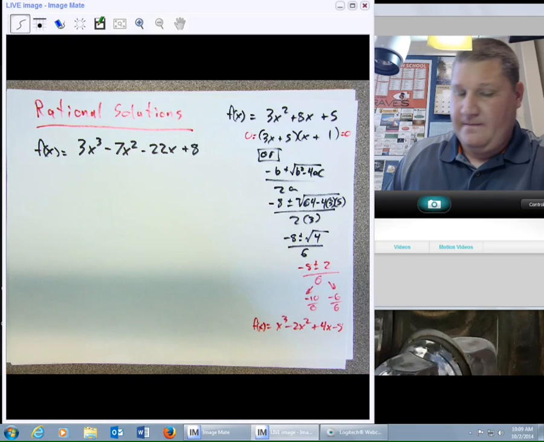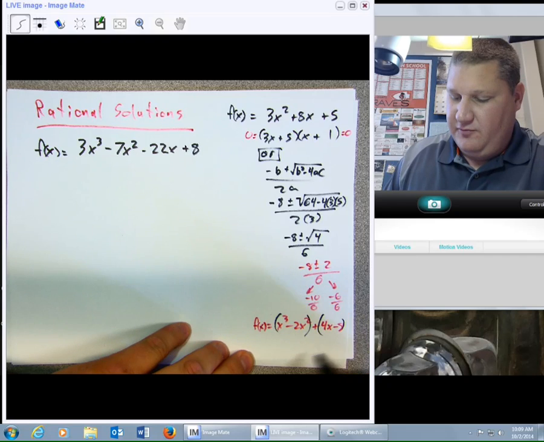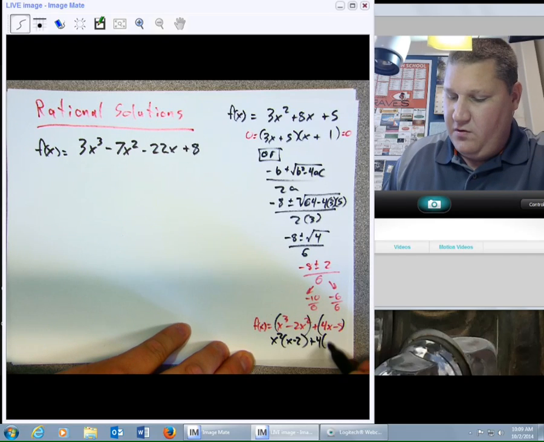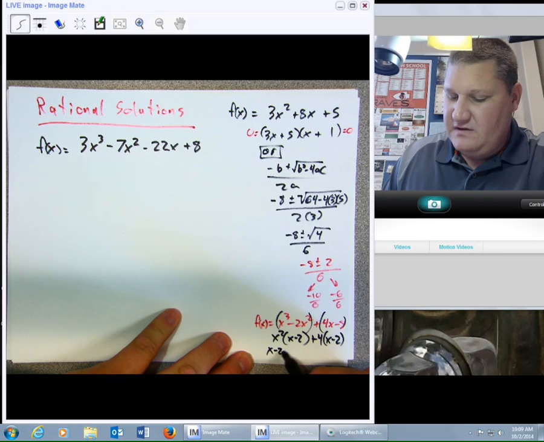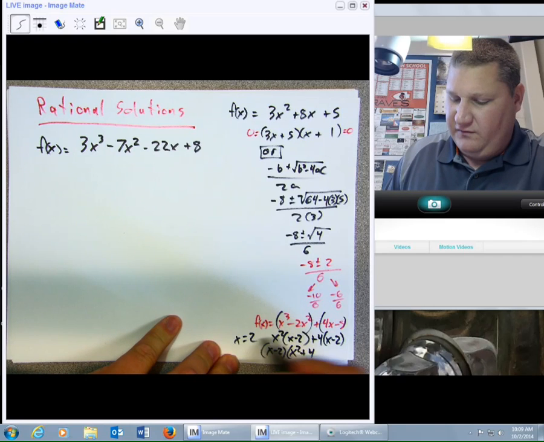If we take something like that, we can break it up, parentheses, x squared times x minus 2, plus 4 times x minus 2. Pull out x minus 2, leaving x squared plus 4. I have x equals 2, and x equals plus or minus 2i.